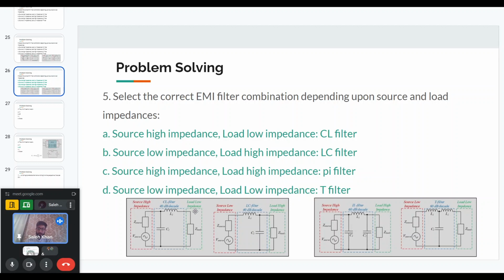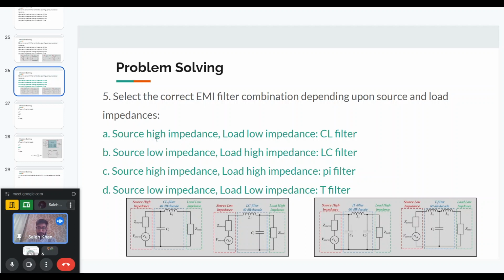Similarly, if we have a low impedance load, then we want to connect an inductor to that portion. So for whatever is high impedance, we want to connect a capacitor first, and whatever is low impedance, we want to connect an inductor first. Now you just have to see what condition is given.